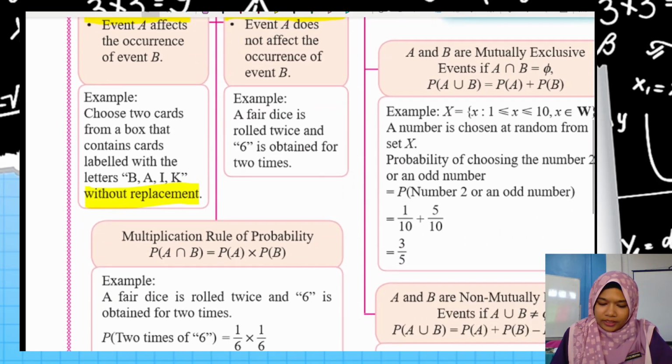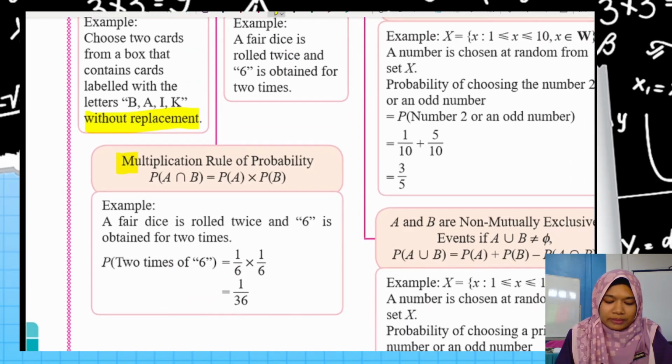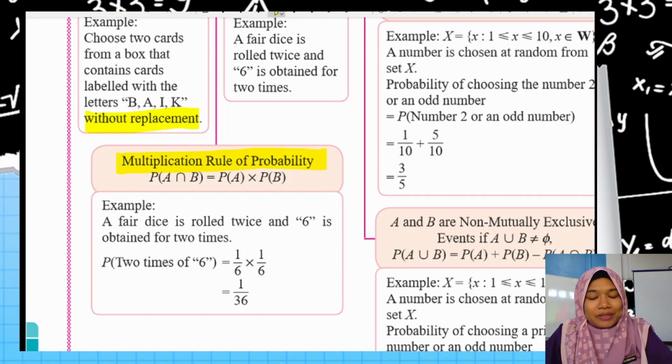And then, when you learn about dependent events and independent events, you go through the multiplication rule of probability.